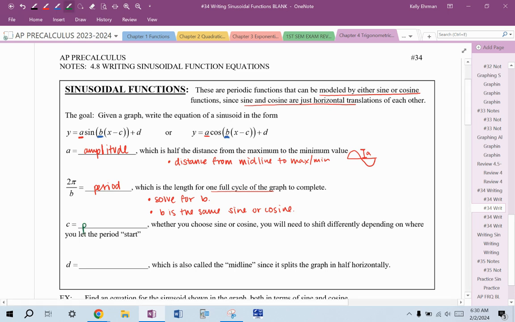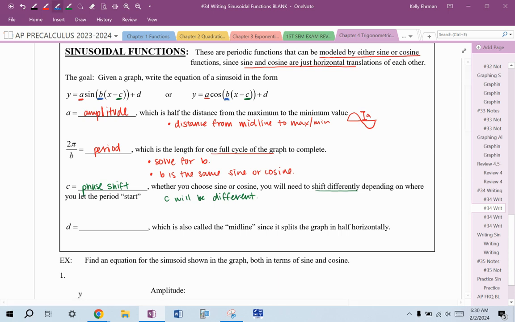C is the phase shift, and we're in our factored form. The b has already been factored out, so C is the true phase shift. Whether you choose sine or cosine, you may need to shift differently depending on where you let the period start. So C will be different for the sine or the cosine equation, usually completely different, like C is 0 in this equation and pi over 2 in this equation.